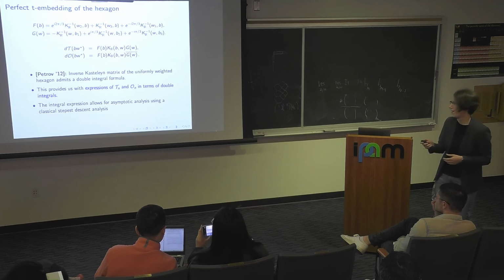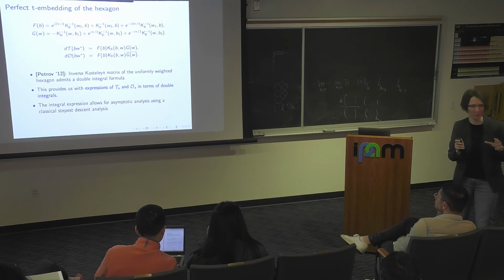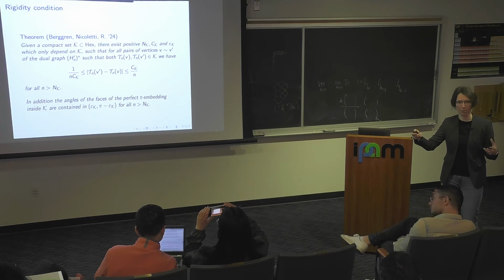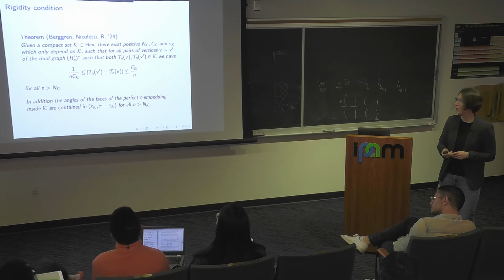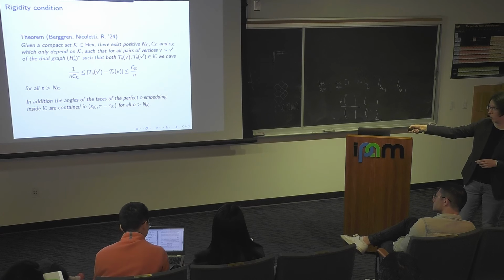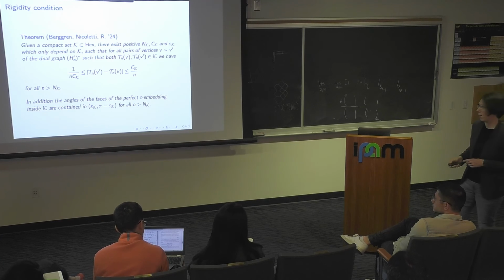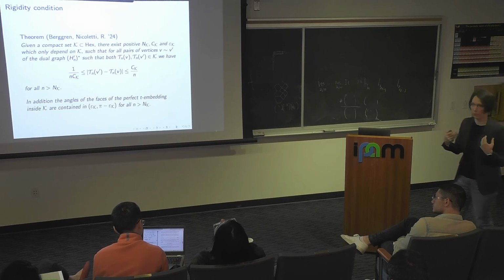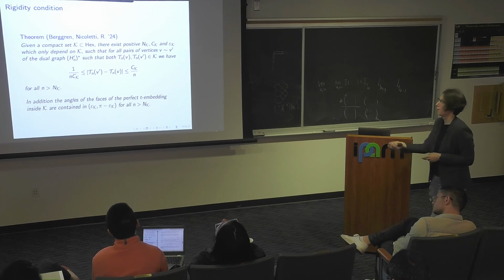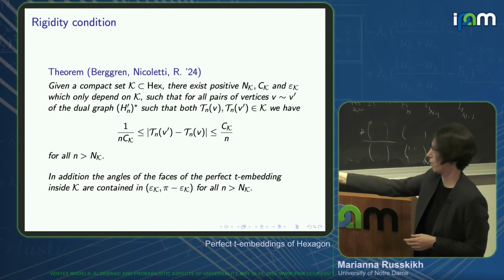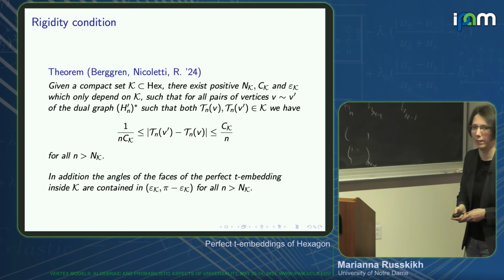OK, hold on. Before the convergence, there was one more condition, which is some assumptions on the faces of the domain. This is a more restrictive condition than the one which we have in the CLR paper. However, it's enough. This more restrictive condition implies the one which you need to apply the theorem I showed before. What we checked is that all edges are of order 1 over n, where n is the size of the hexagon, for n large enough.